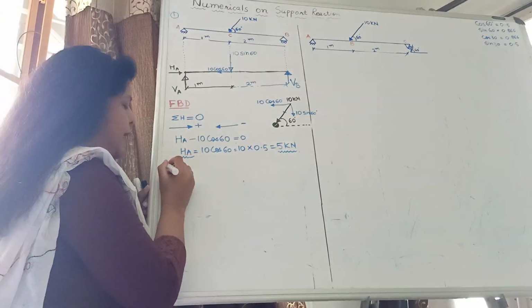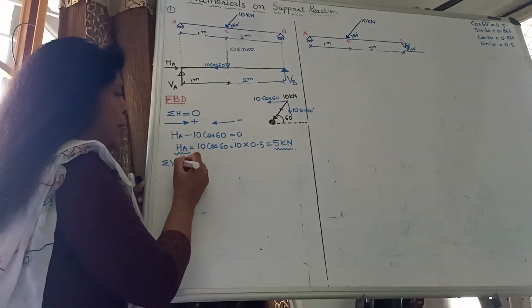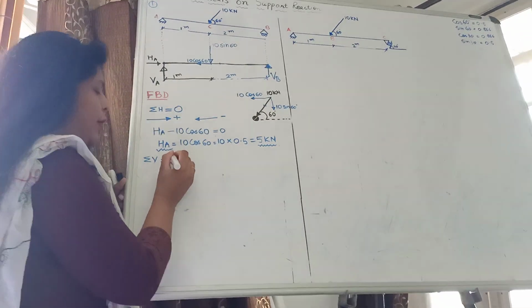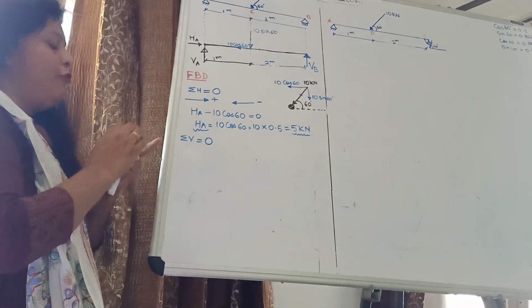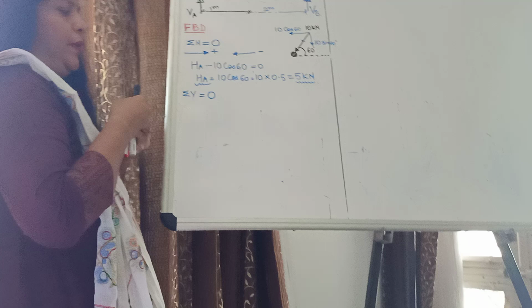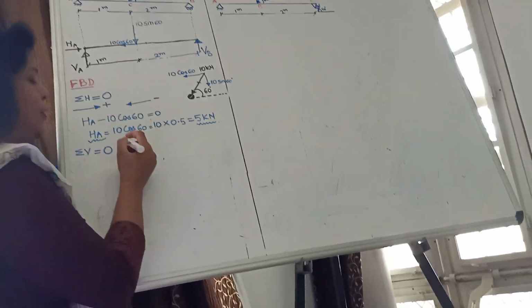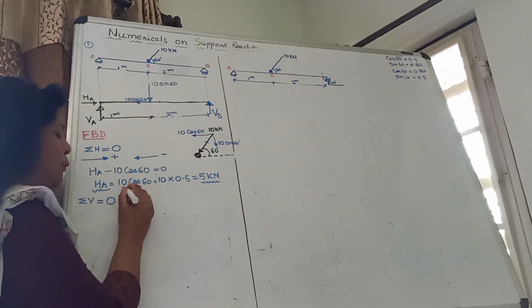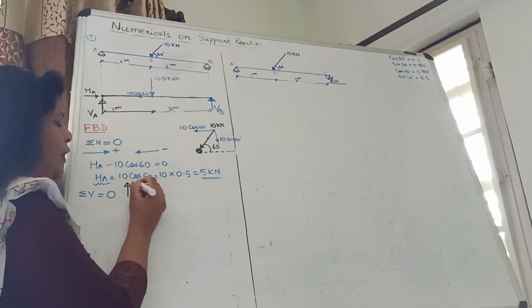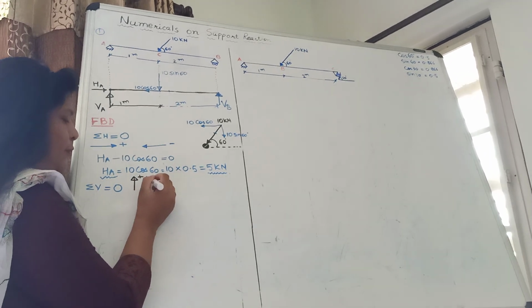Now we apply our second condition of equilibrium. What is our second condition of equilibrium? Sigma V is equal to 0. What is the sign convention? Upward force positive, downward force negative.